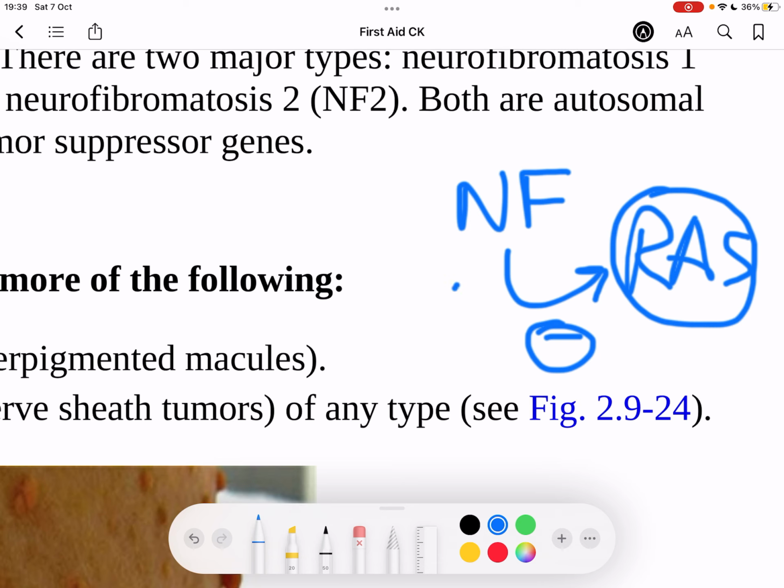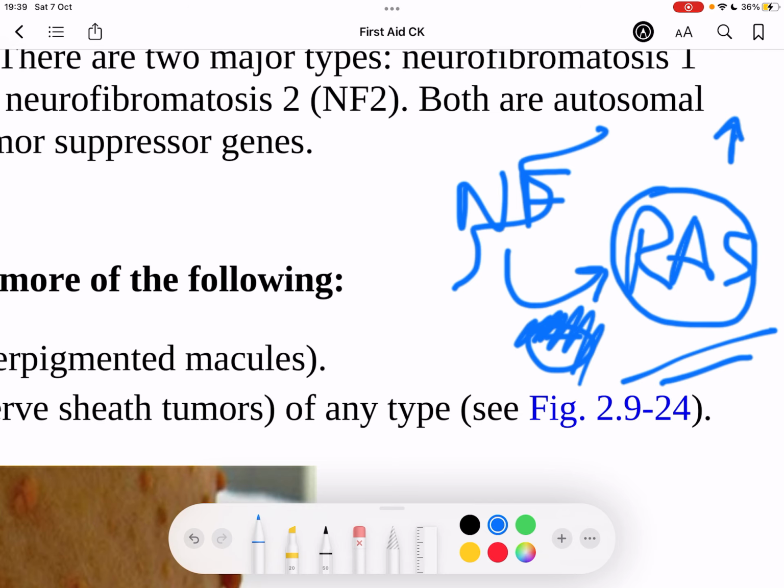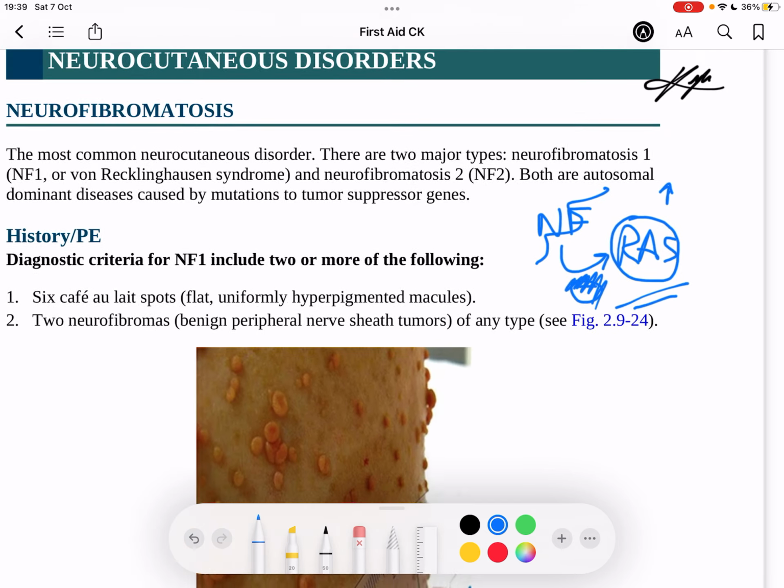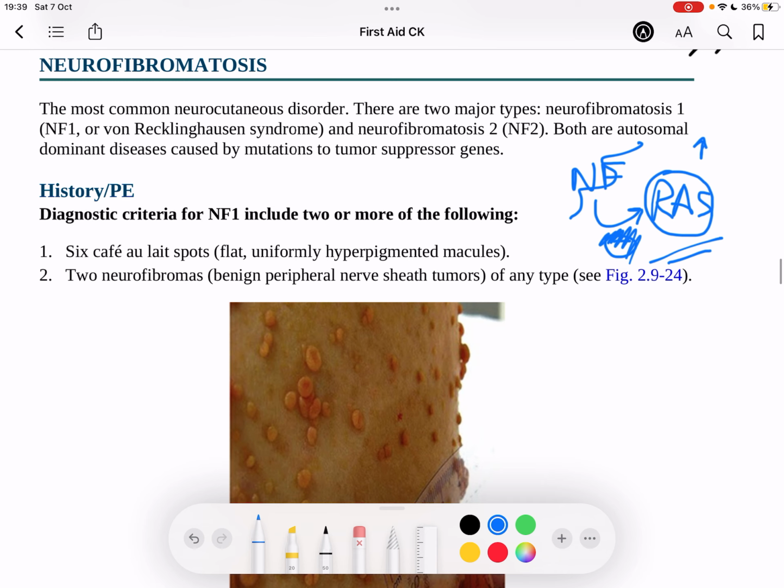If we have a mutation in the neurofibromatosis gene, we don't have any of this negative regulation, so RAS is essentially very, very high, and that then stimulates the MAP kinase pathway. This is more important for step 1, not really for step 2, but just to jog your memory if you have already sat step 1.